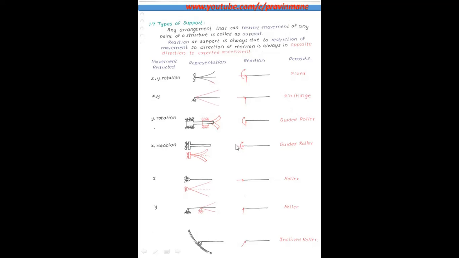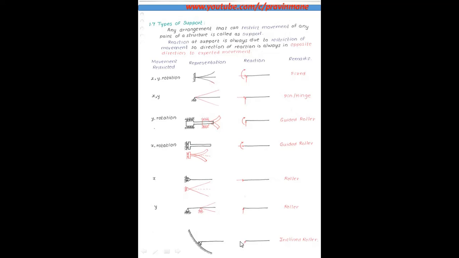As far as roller supports are concerned, there will be 1 reaction, the horizontal reaction. If the support is like this, that is, Y movement is free and X is restricted, then there will be this Y component. Then for inclined roller support, there will be this inclined reaction.